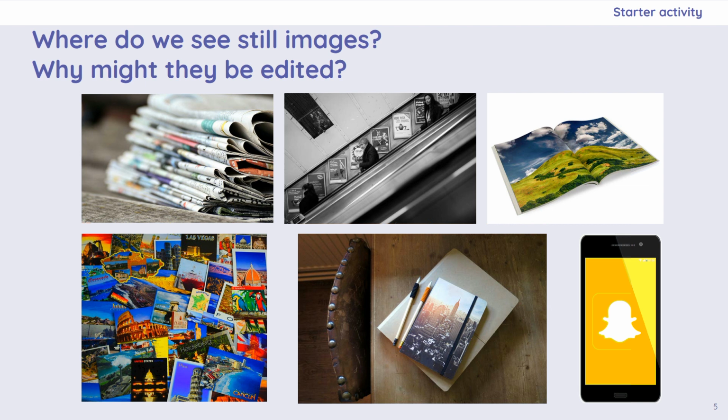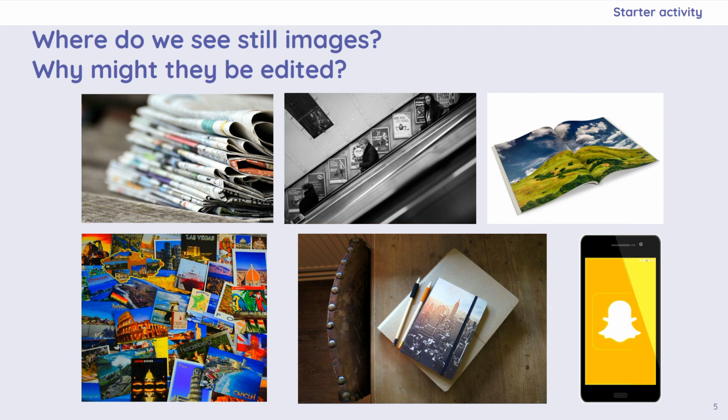Let's just think about these postcards. These postcards are showing the amazing places that you might go on holiday. If we think about this front one here in Cancun, they are not going to want to show a picture of Cancun in the rain.